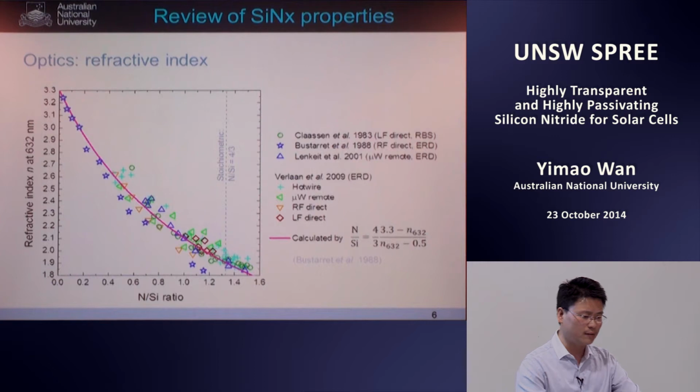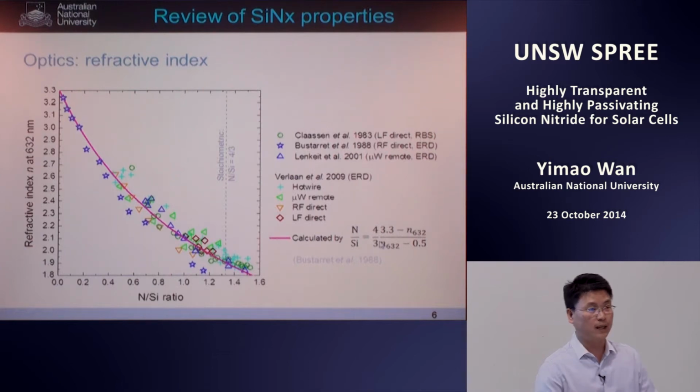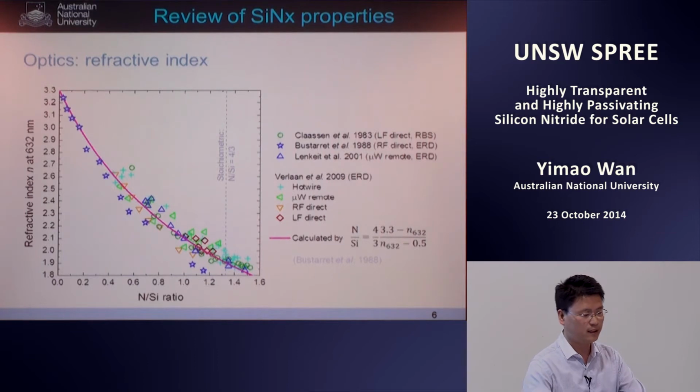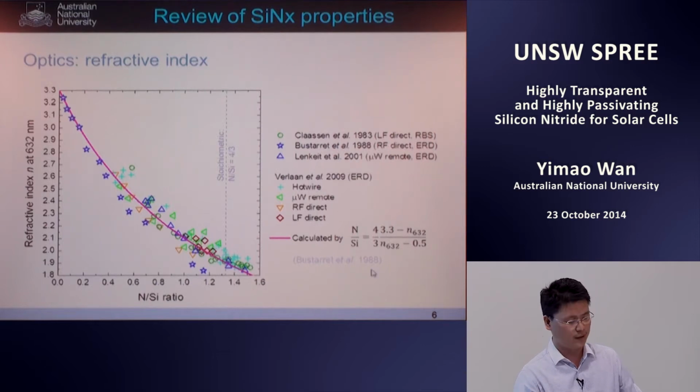As we can see, the refractive index shows a quite universal correlation to the atomic ratio. This relationship can be calculated by the formula proposed by Bastard in 1988, which is in very good agreement with the experimental data. For my work, I didn't have any measurement of the atomic ratio, so the atomic ratios in my work are calculated from the refractive index using this formula.